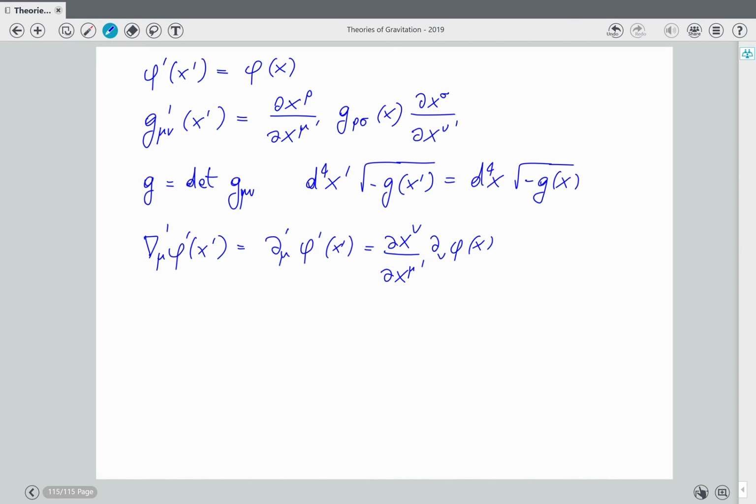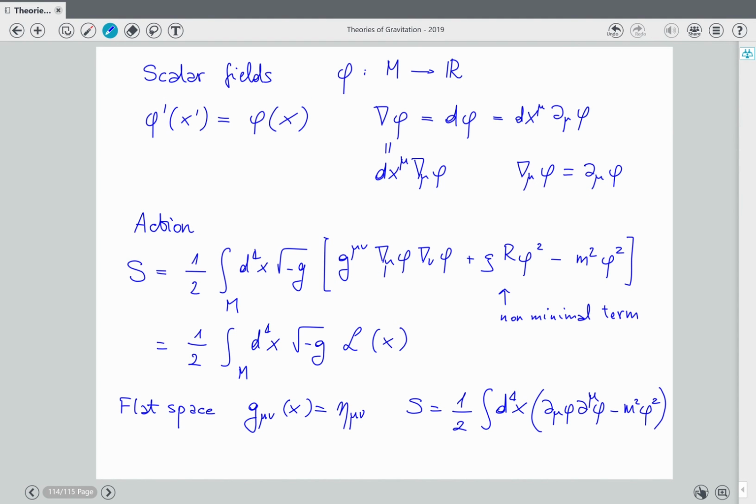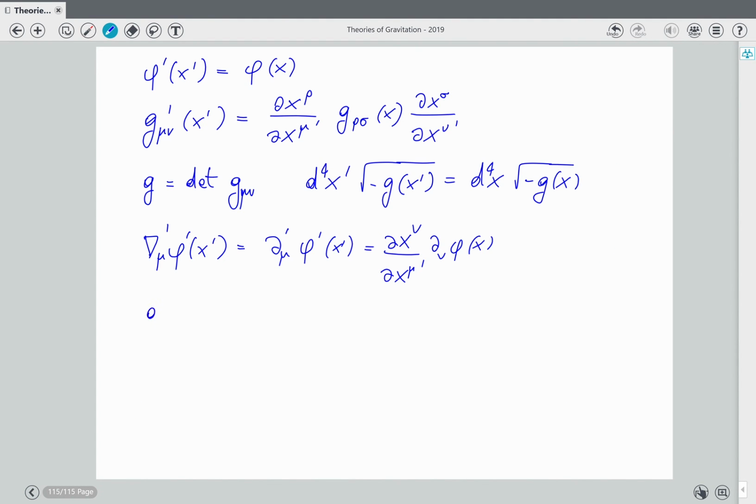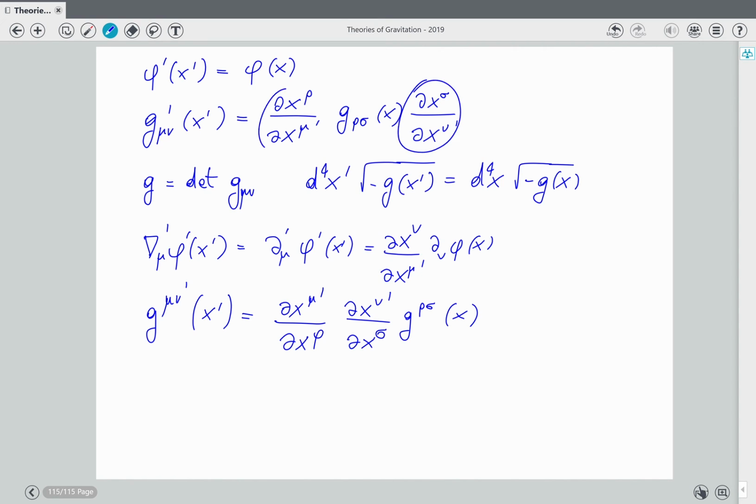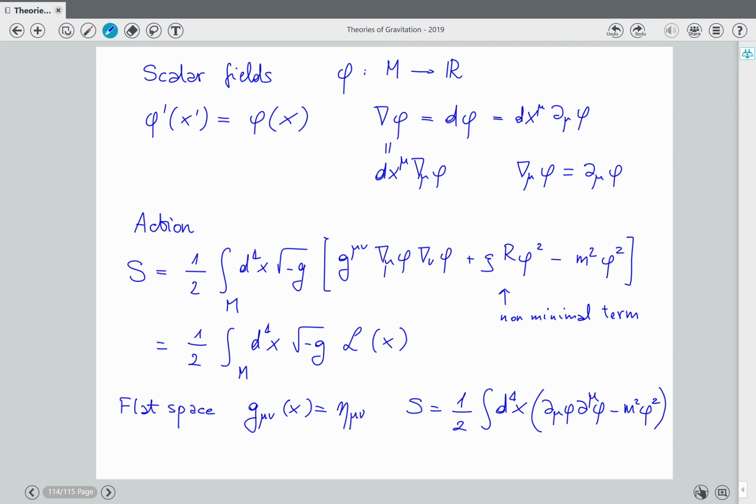and so you have something like that. Then, the inverse of g mu nu, yes, if you want, we can also write the transformation for the inverse of g mu nu, of x, and then all these Jacobians cancel out when you make these contractions between upper and lower indices.